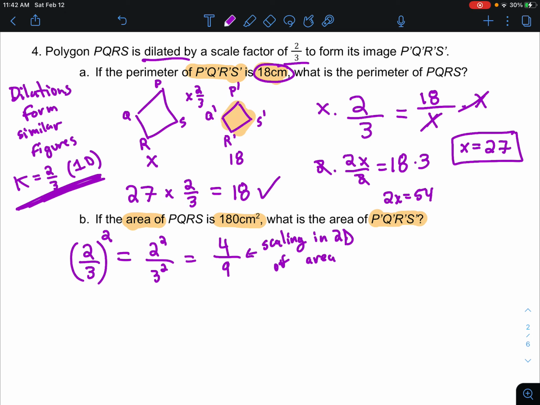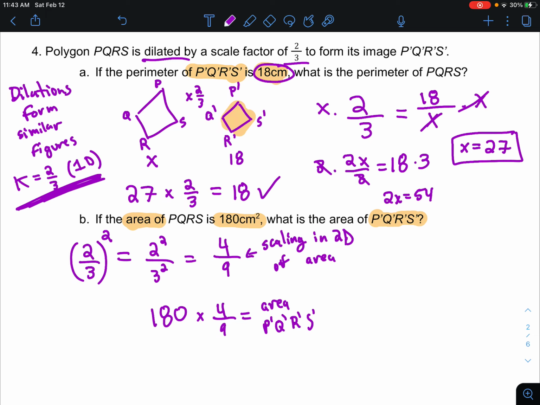So that means if our original area is 180 centimeters squared, we are multiplying that by our scalar of 4/9, and that should equal our area of P prime, Q prime, R prime, S prime. And so you could just multiply 180 by 4/9, and you would be good to go.